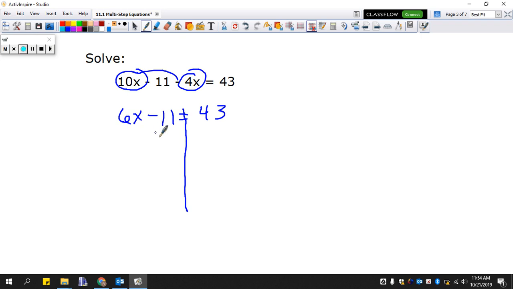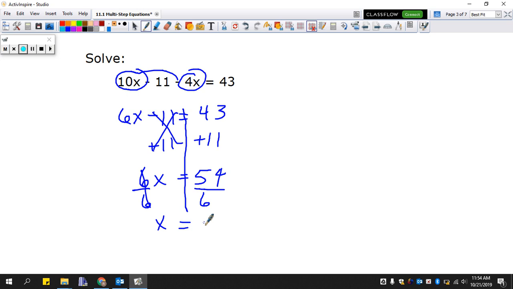Use the inverse operations. The inverse of negative 11 is adding 11. So you add 11 to both sides, and cancel out the 11s on the left-hand side. You've got 6x is equal to 54. Divide by 6 because that's the inverse of multiplying. x is equal to 9.